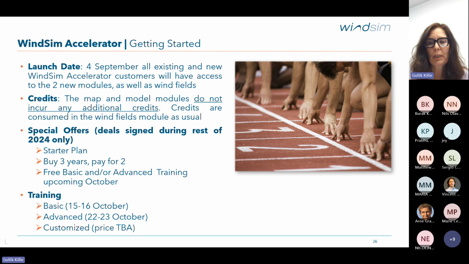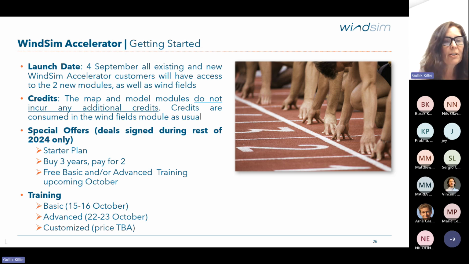That happens in the wind field modules, and there's no change to that. That remains exactly what it is. And there's no additional credits consumption related to these two. But of course, we hope that you become happier with the platform and use it even more than before.